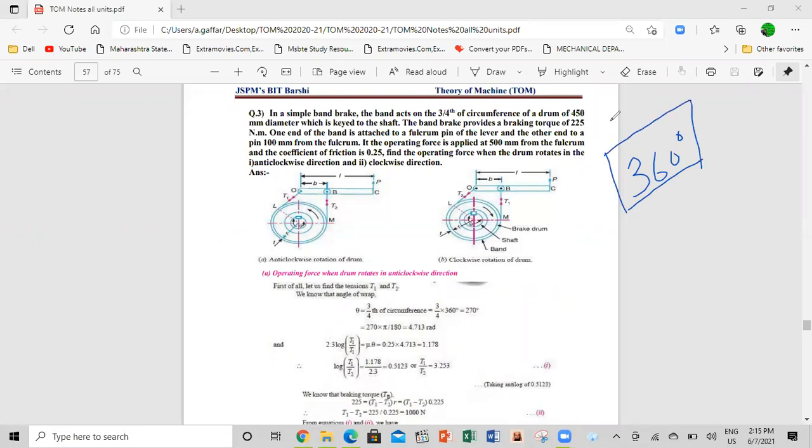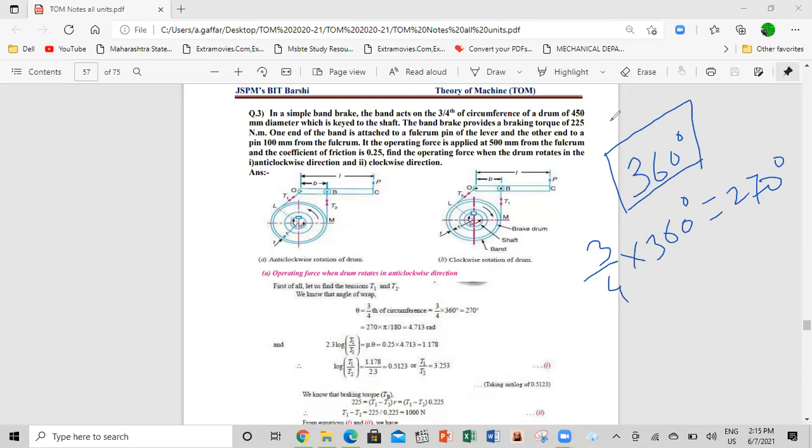So 3/4 means 3/4 into 360, and the answer is 270 degrees. The contact of the band over the circumference of the brake is 270 degrees.